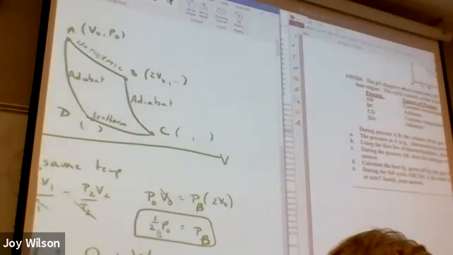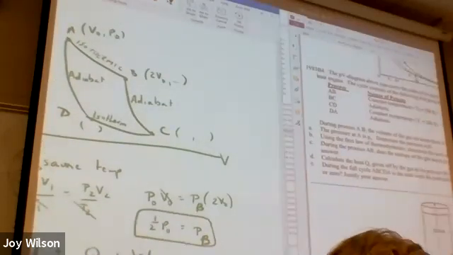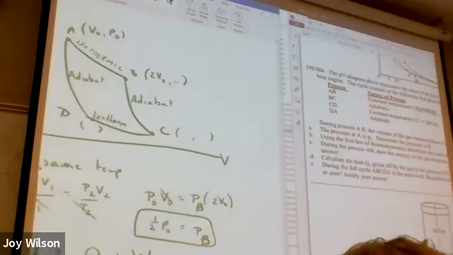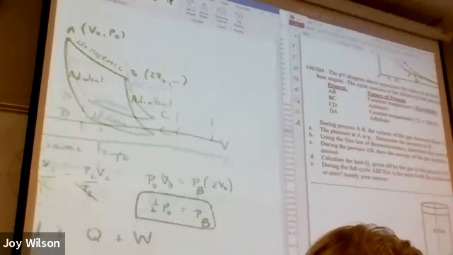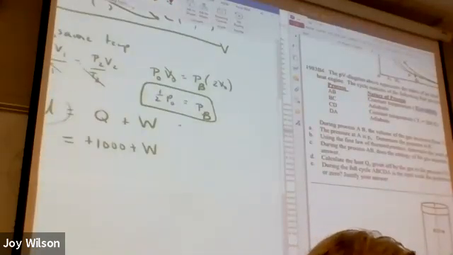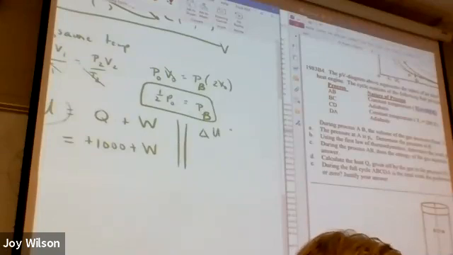Well, it's the same temperature as at point A. What was the temperature? I look over here and I see that temperature is 500 Kelvin. So I come down here and go, okay, delta U equals 3/2 times a constant times temperature.